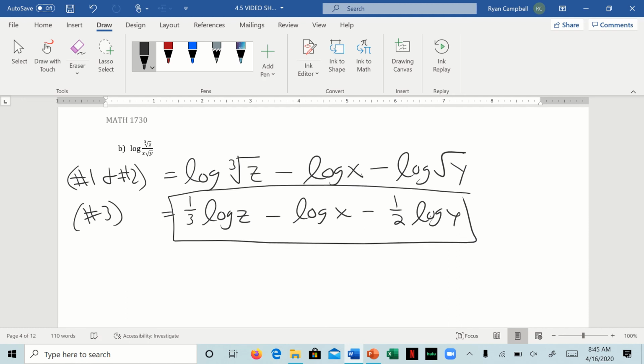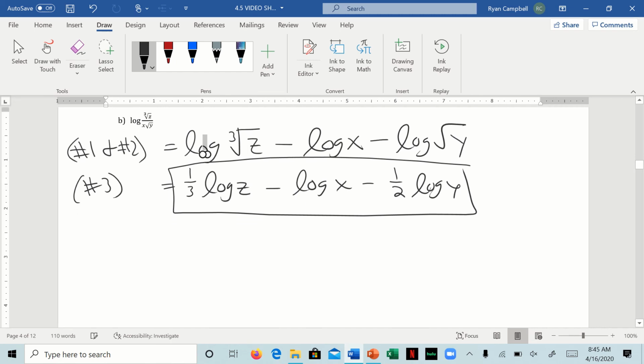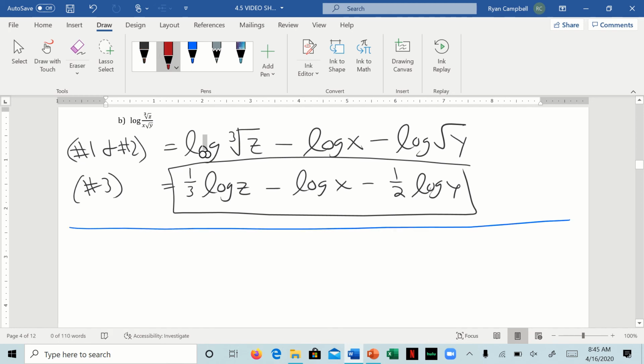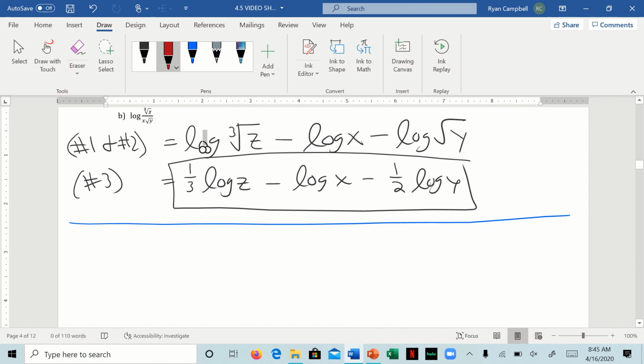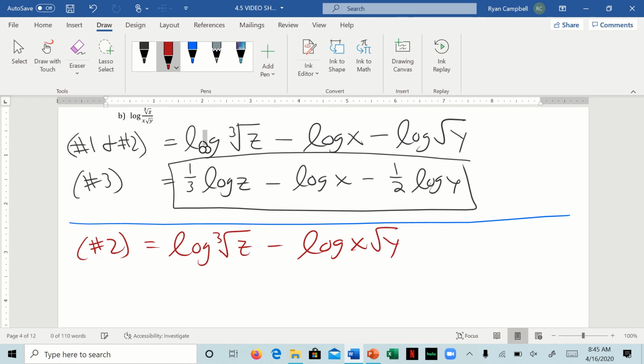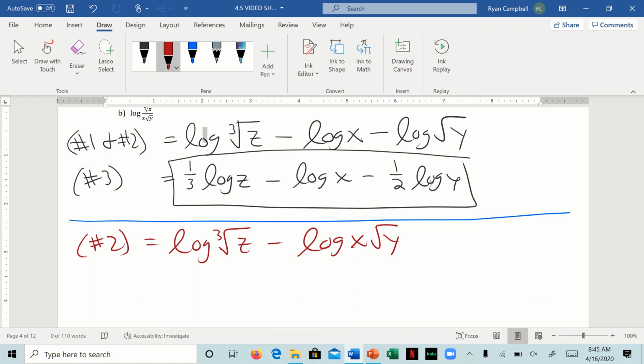Now, if you do it step for step, this is where you might get a problem when it comes to part B. So here's your example of how you might get a problem. If we used number 2, for instance, first, and we did log of this cube root of z minus log of x square root of y.